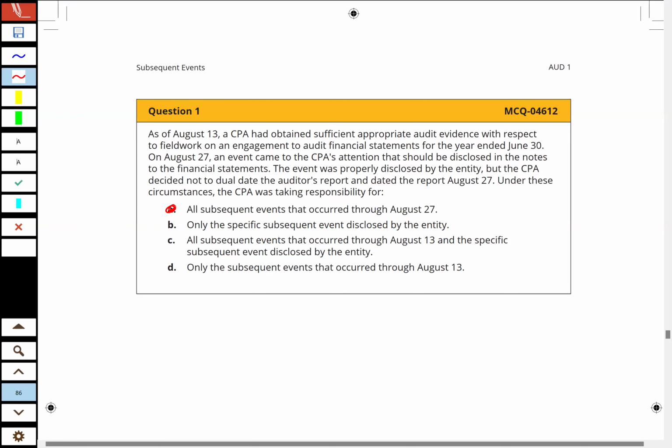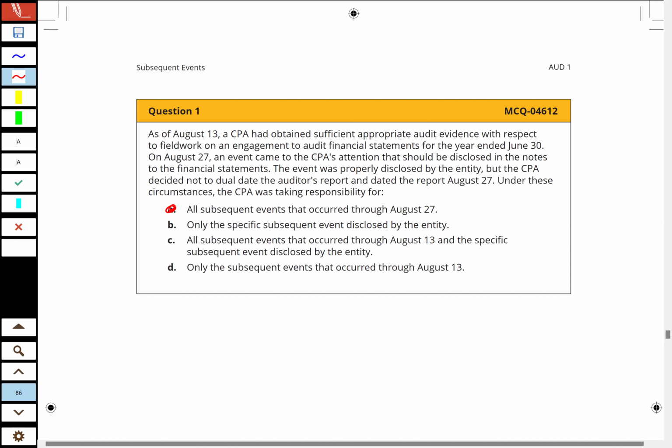Let's take a look at this one. As of August 13th, the CPA had obtained sufficient appropriate audit evidence with respect to field work on the engagement to audit the financial statements for the year ended June 30th. On August 27th, an event came to the CPA's attention. Maybe management asked them to come and look at it. That should be disclosed in the notes of the financial statements. The event was properly disclosed, and the CPA decided not to dual date the report, but to change the date of the report to the 27th.